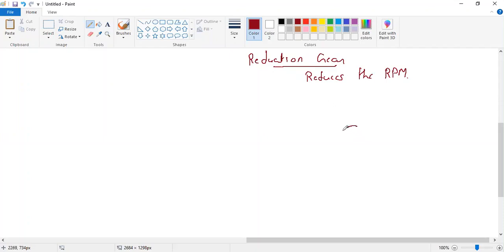So let us understand it from the front view. Here you will see the driving gear, this is a driving gear connected to the compressor section, okay? And this is a driven gear. Please don't mind my diagram, it's a bit bad. Let us say this is a driven gear. Okay, beta?